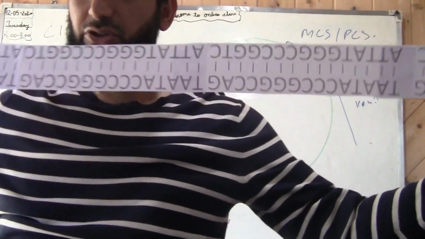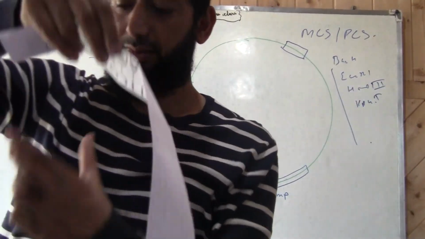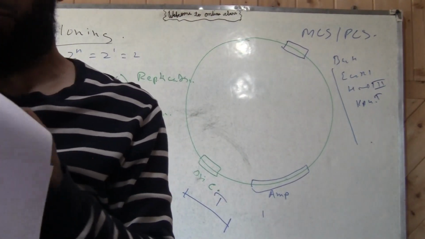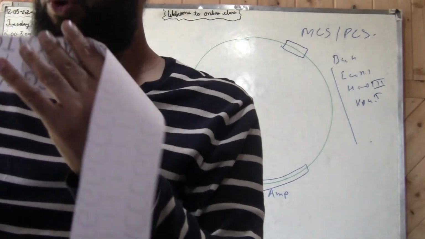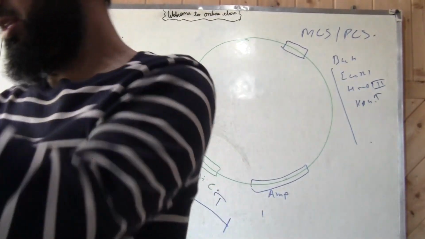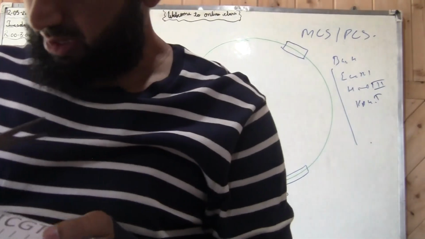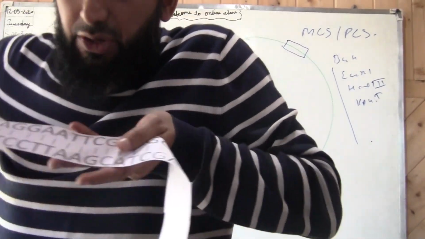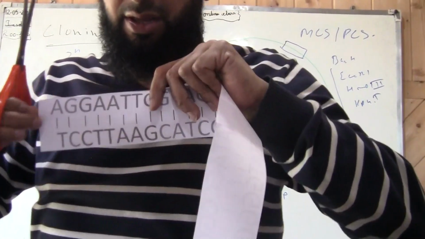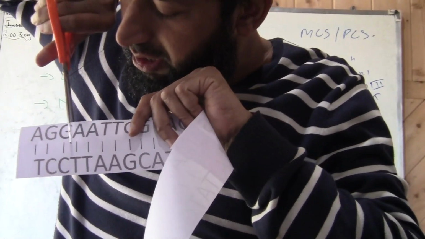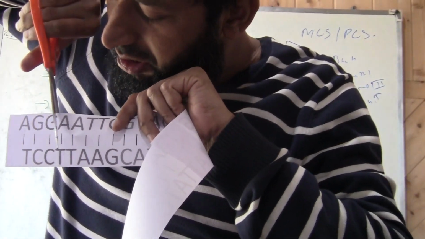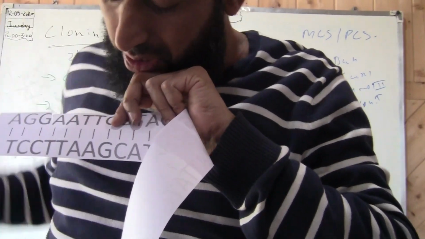In this case, if this is your insert, on one end you again have GAATTC. Can you see? Again you have GAATTC right here.